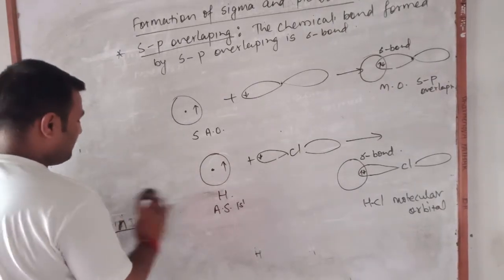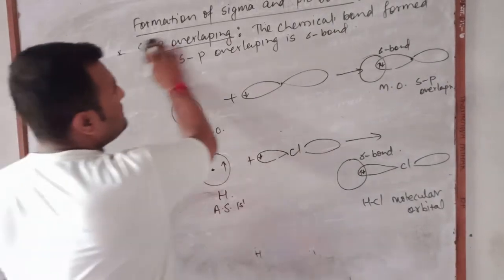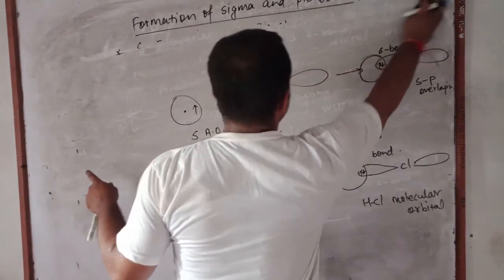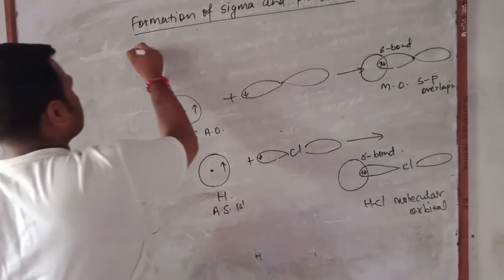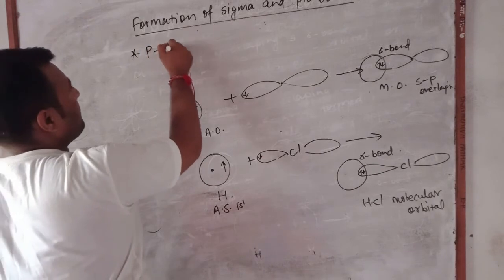The other, third type of overlapping that causes sigma bond formation is pp overlapping.